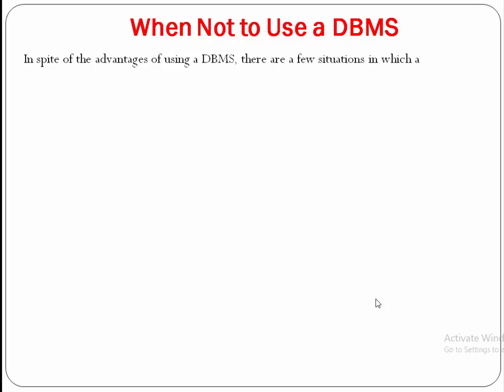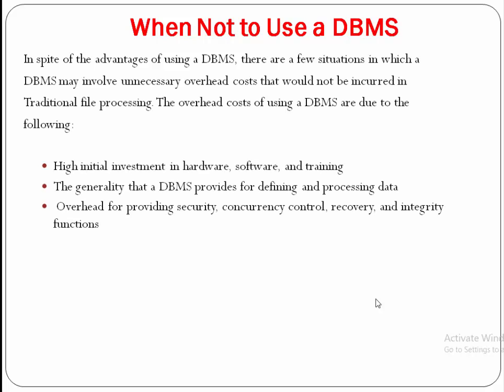So we need to pay more money for hardware, software and training. And because of the generality that a DBMS provides for defining and processing the data, it takes a lot of time. So in that case we can use a traditional file system instead of a DBMS.